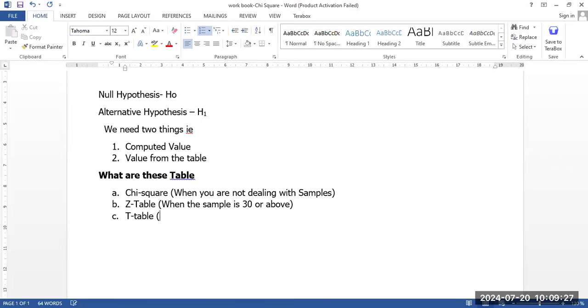Then also the T table when the sample is below 30.